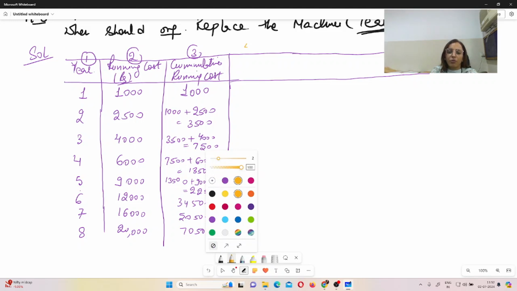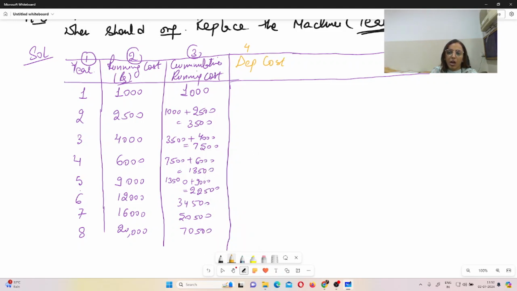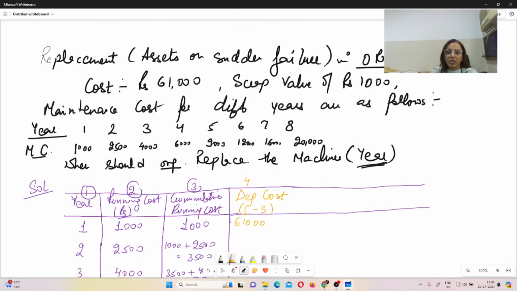Now coming to the fourth point: after getting the cumulative running cost, you have to find the depreciation cost. The formula for depreciation cost is the cost value minus the scrap value. In the numerical, the cost of the asset is 61,000 and the scrap value is 1,000.